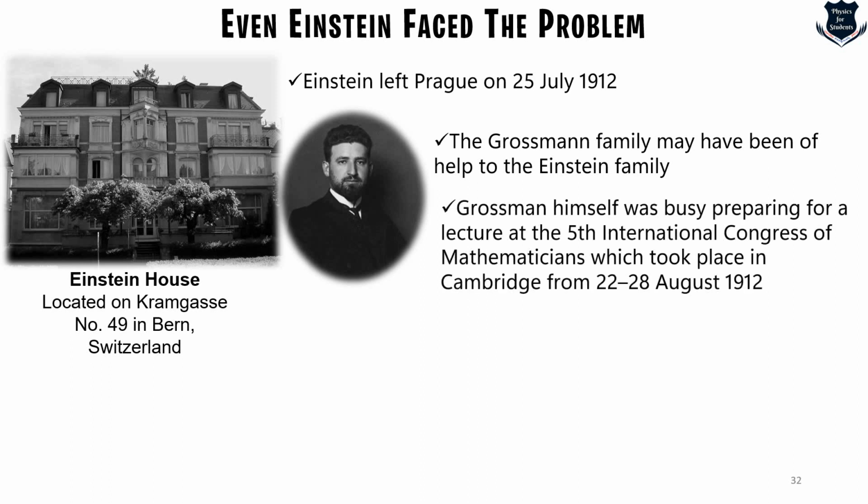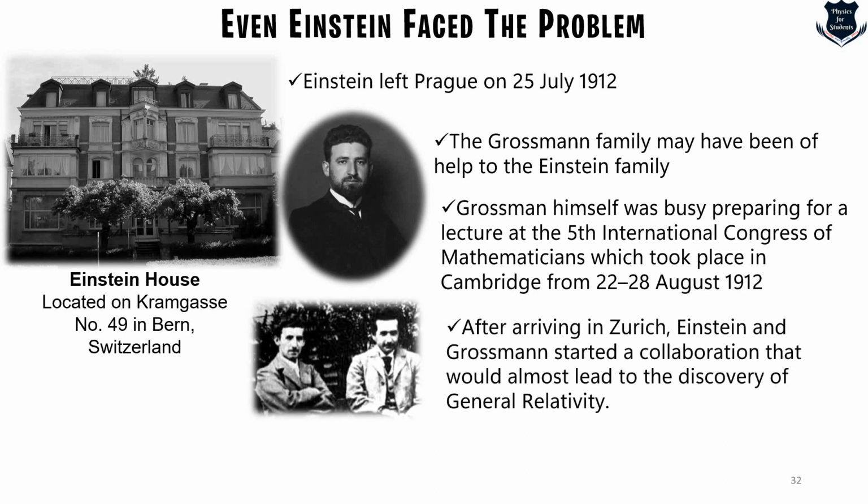During that time, Grossmann was busy preparing the lecture he was about to deliver at the International Congress. After Einstein arrived in Zurich, you can see these two people became great friends. Indeed, great friends. And it was during this time that Grossmann started helping develop the ideas of differential geometry, and I would say started teaching Einstein in some way.